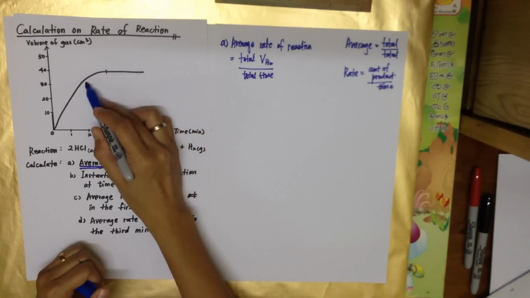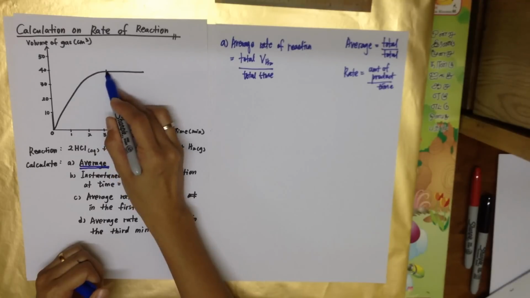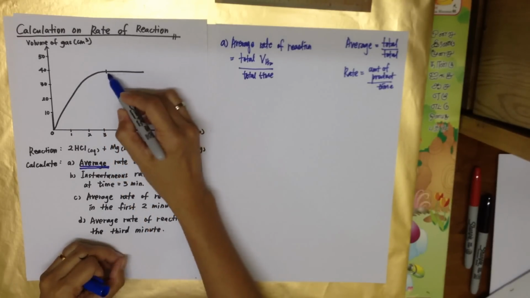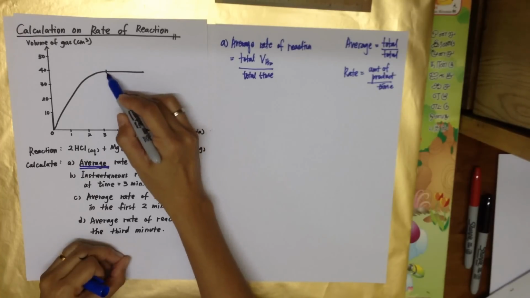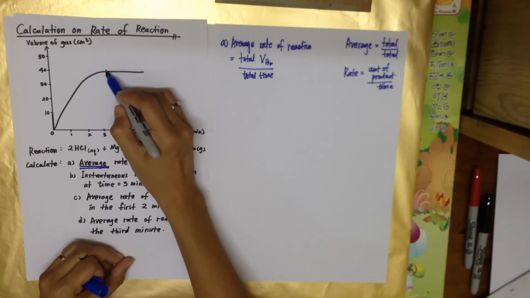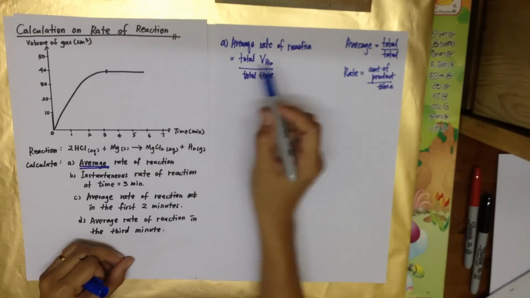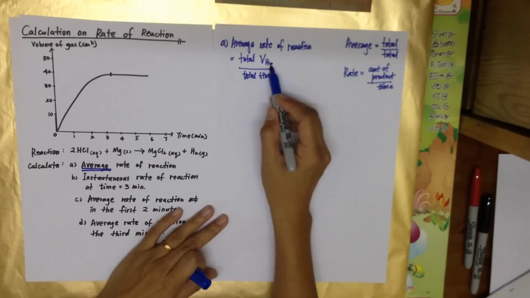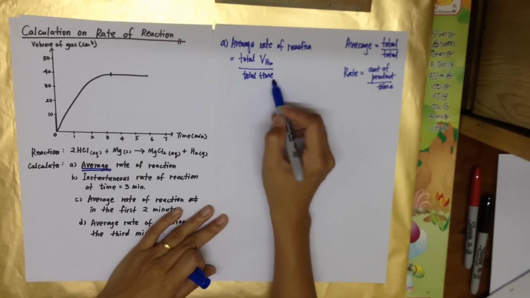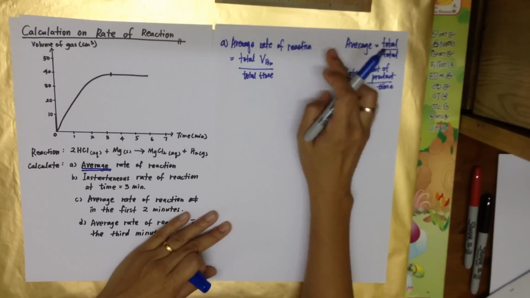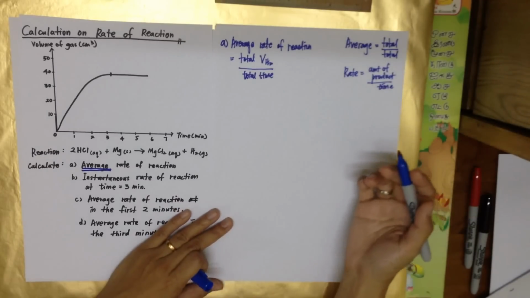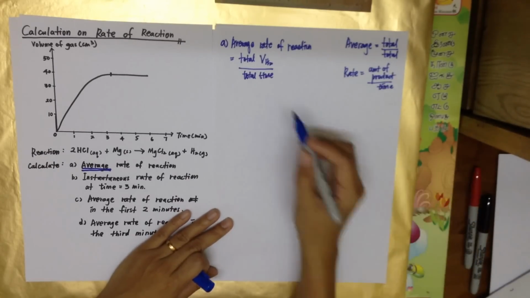The graph slowly increases up to this point and it starts to level off without any change. So the graph can be represented by this point where we say average rate of reaction means the total volume of hydrogen gas versus total time, and we are talking about the whole reaction. That means when the reaction has reached 100% completion.